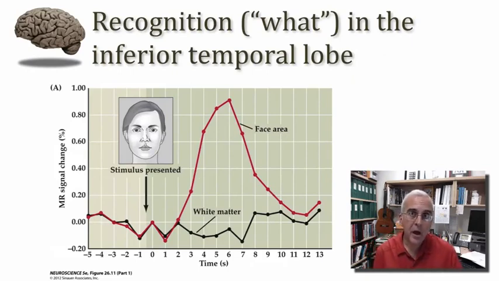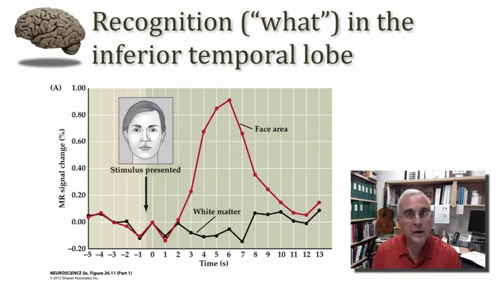However, typically an important step towards interpreting that social context requires the recognition of the identity of that face. We want to know, is this face a friend? Is it family? Is it foe? And these recognition events are what lead us towards an understanding of the intentions of this person who's confronting us.